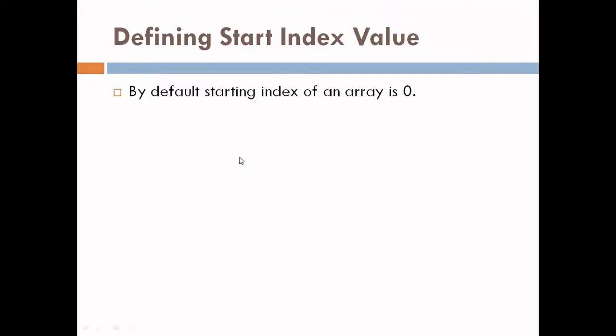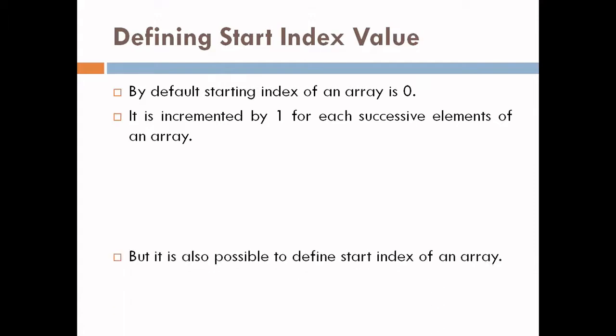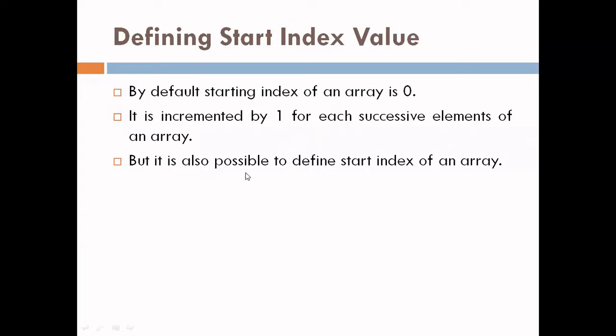By default, the starting index of an array is 0, and it is incremented by 1 for each successive element. So if my first element is stored at the 0th index, then the second will be at 1, then 2, then 3, and so on. But it is also possible to define the starting index of an array in PHP.